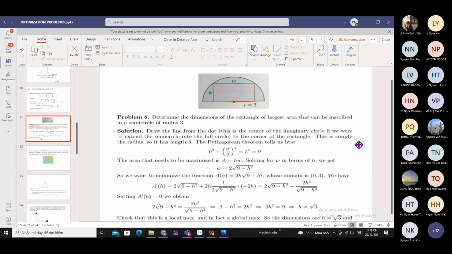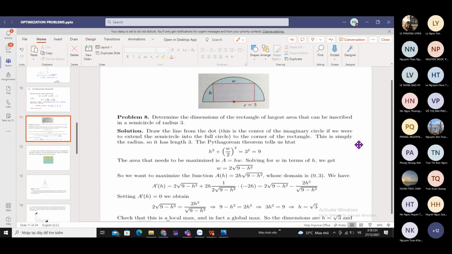And the key thing here is we try to find a relation between w and h. And as you can see here, we have got h squared plus (w over 2) squared equals 9.